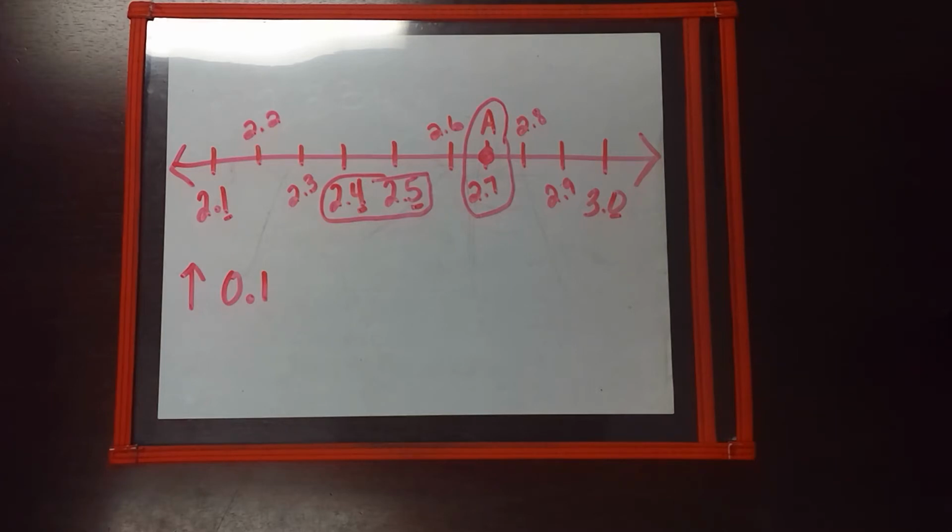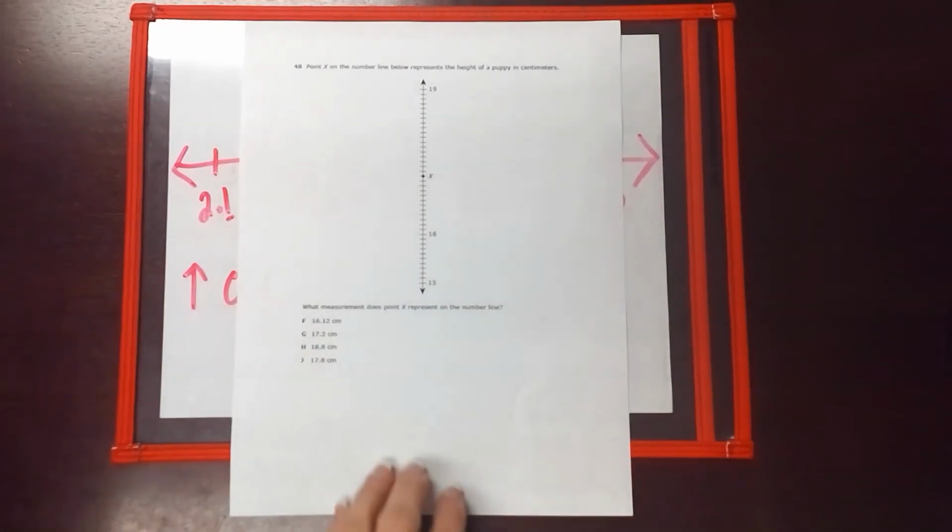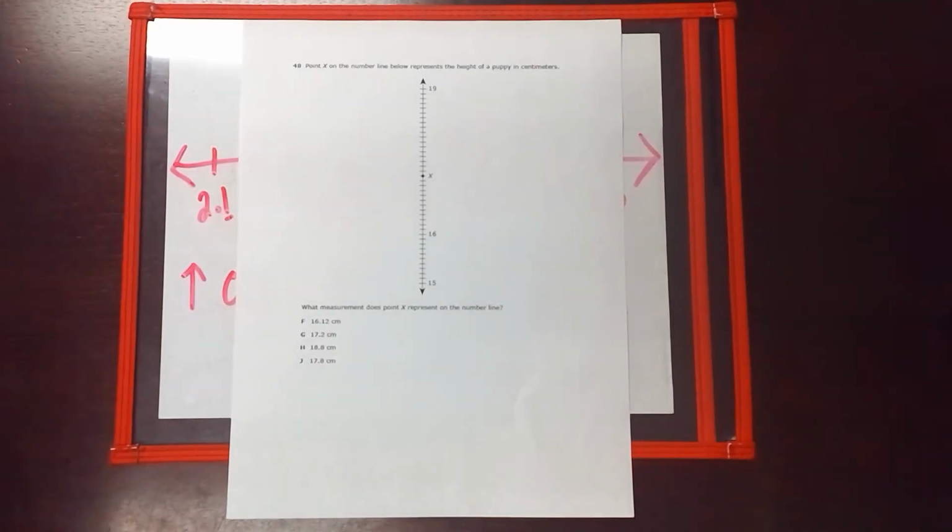All right, so when I'm looking at decimal number lines, I want to make sure that I'm doing both horizontal and vertical number lines. This is a problem that was on the 2016 released STAR test. It caught a lot of students off guard because they were used to seeing number lines that were only horizontal. So we want to make sure that they are also seeing vertical number lines, that you're practicing those with students.